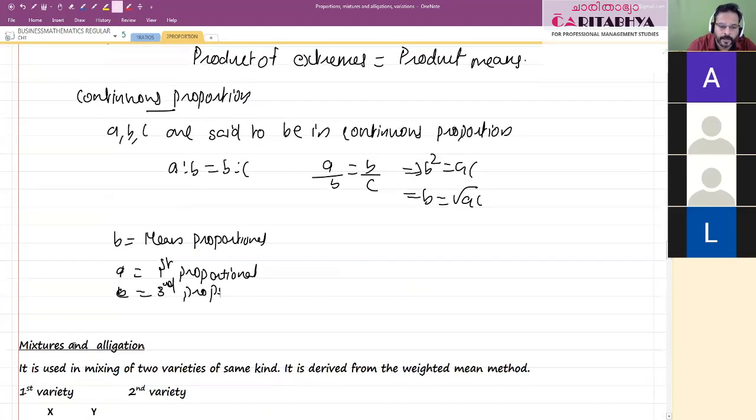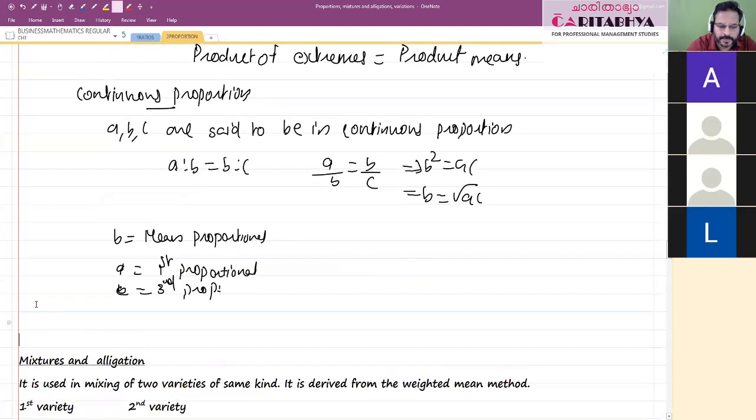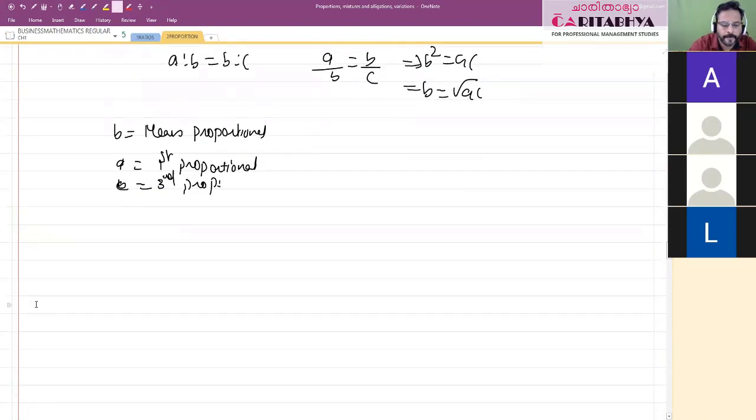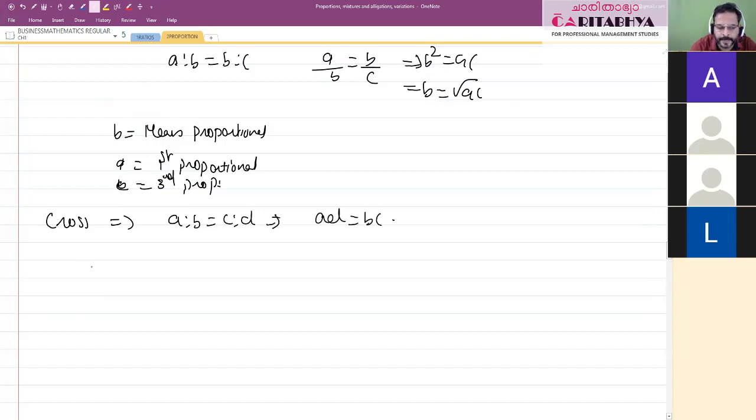Then properties of proportions എടുക്കുമ്പോഴത്തേക്കും ഫസ്റ്റ് എന്തായിരുന്നു? Cross multiplication property എന്തായിരുന്നു? If A is to B is equal to C is to D, that implies AD equal to BC. Then next property എന്തായിരുന്നു? Invertendo property. If A is to B equal to C is to D, that implies, invertendo property തന്നിരിക്കുന്നതിനെ invert ചെയ്യും.